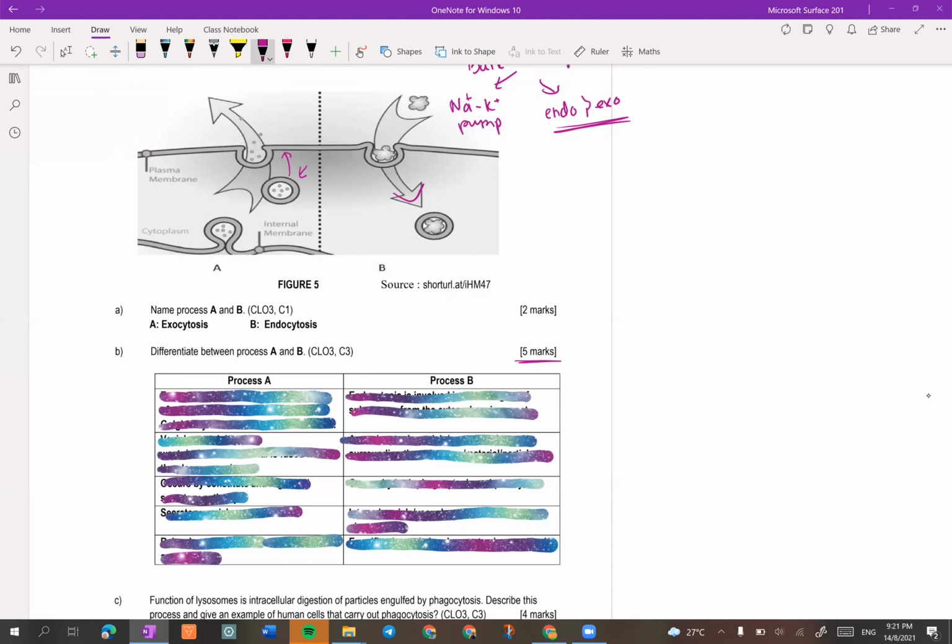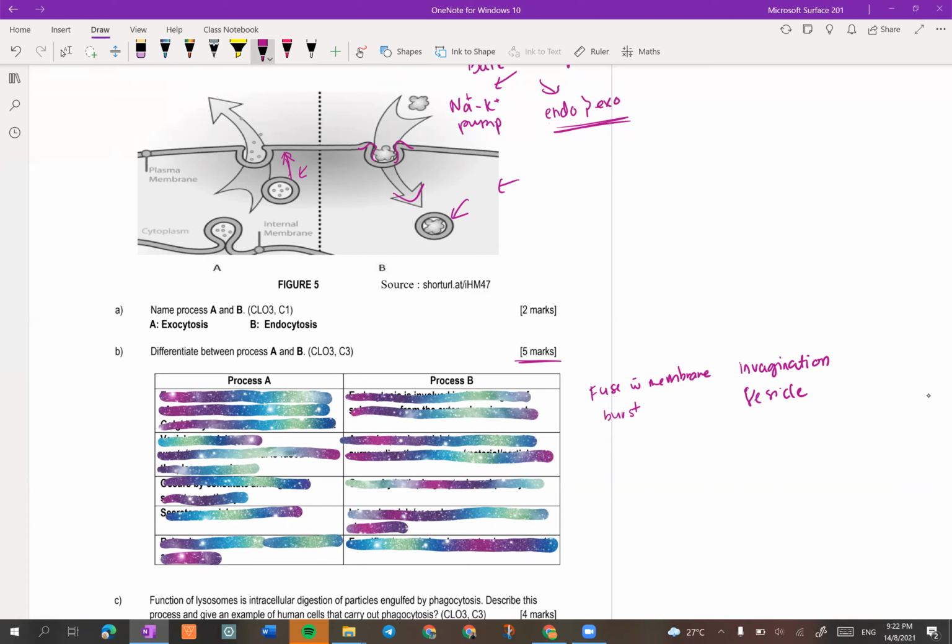So that is one of the differences. A fuses with the membrane, while this one forms an invagination. It forms something like a pseudopod, which surrounds the thing it wants to eat. And you can say about this one that it forms a vesicle. While this one causes the vesicle to burst. Burst of the vesicle, and it releases its content. Right?